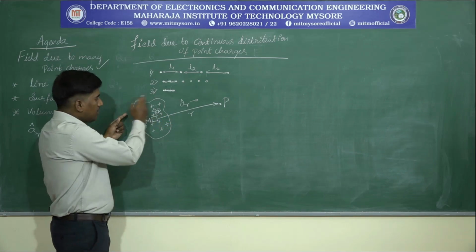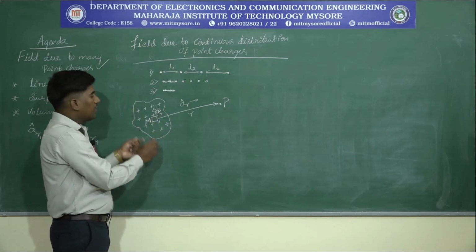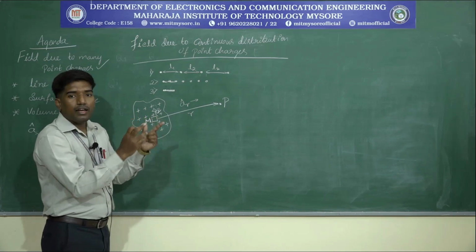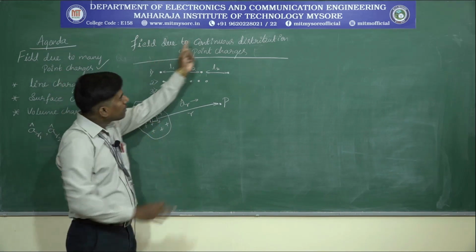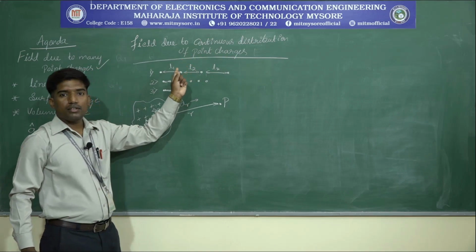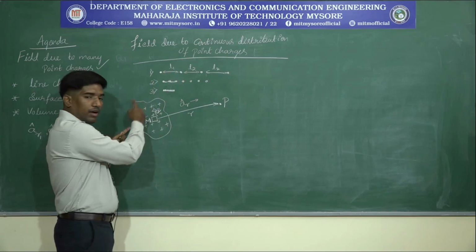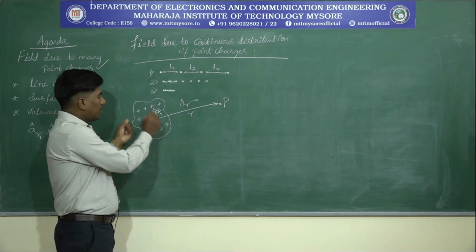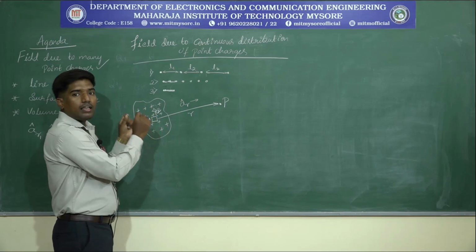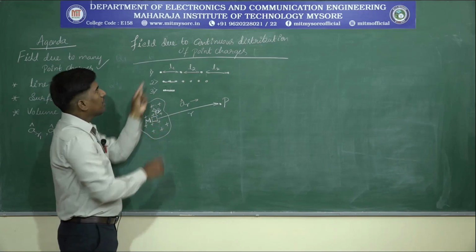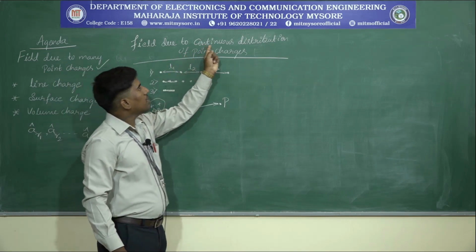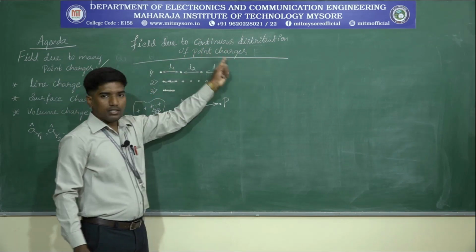That means in this particular finite area, the number of charges is infinite. That is the meaning of continuous charge distribution. Got it? So in a finite area, the number of point charges is infinite, then the result is called continuous distribution of point charges.